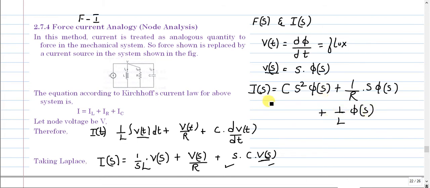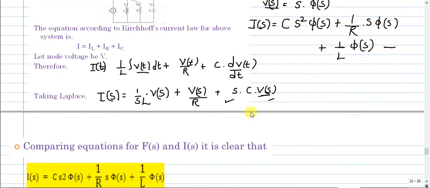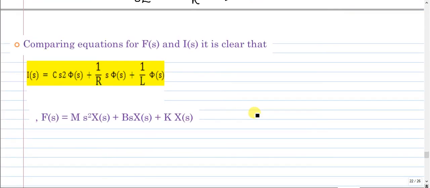Now what we will do, we will compare the equation obtained in force current analogy by considering the electrical network and the mechanical system. So I have taken both equations. This equation is obtained by considering the force current analogy electrical network.